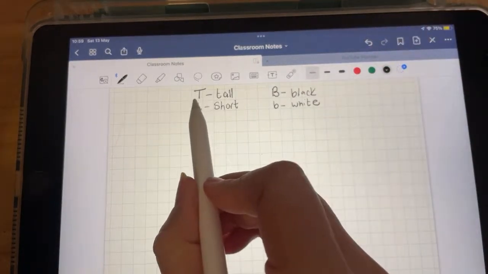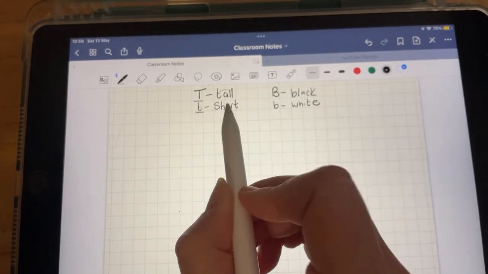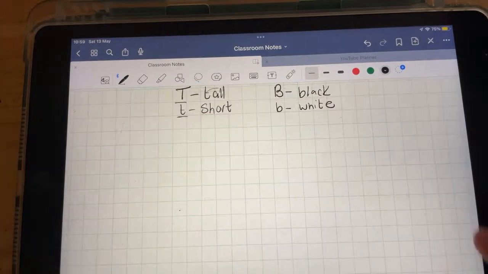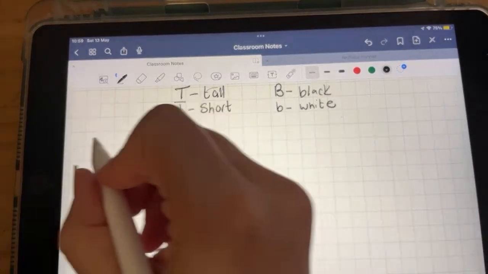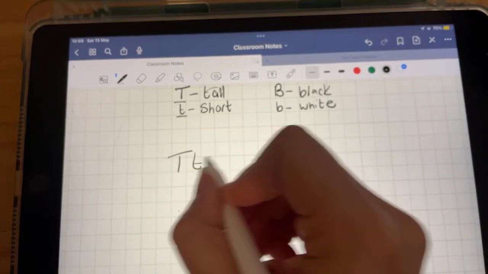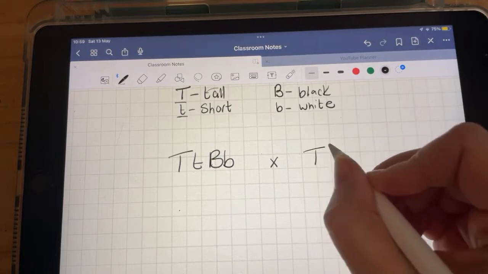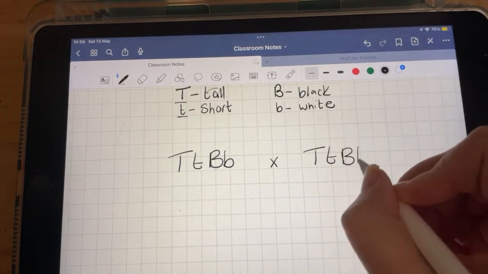Hopefully we already know capital letters mean that's the dominant allele, and smaller letters mean that's the recessive allele. So let's say the question says it's 2 heterozygous parents. So the parents are this, basically. That's what a heterozygous parent looks like.